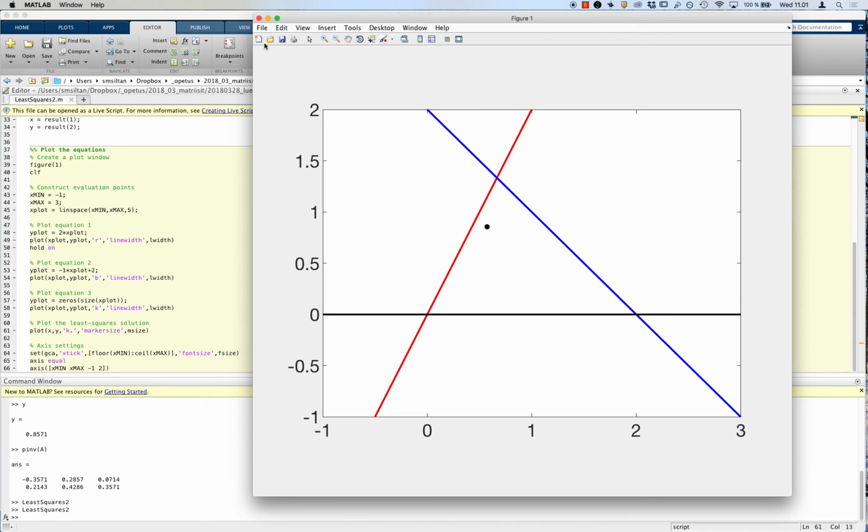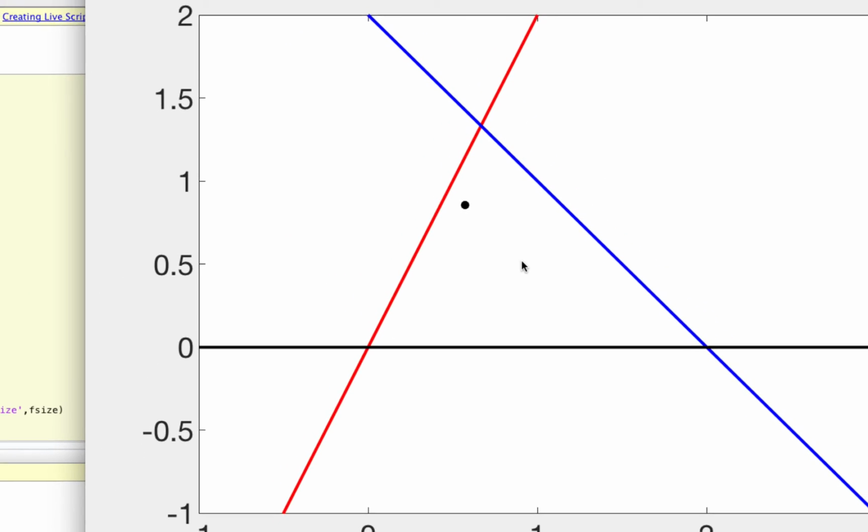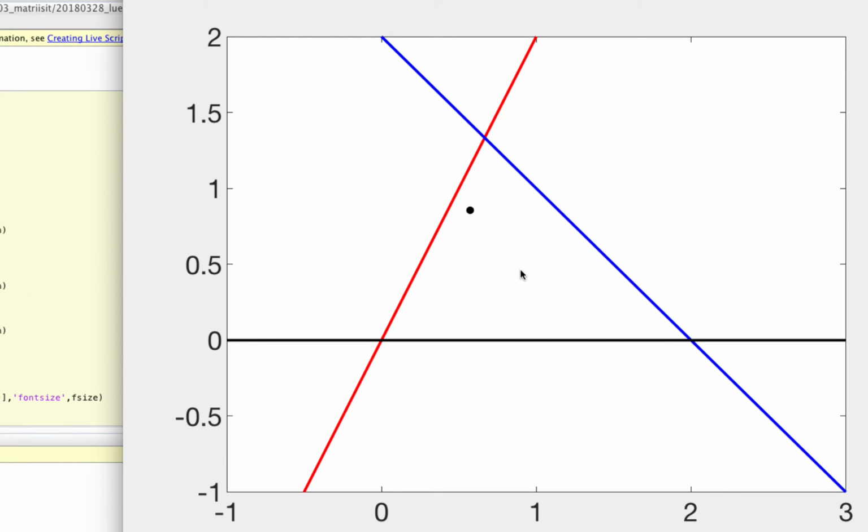Okay. So our least square solution is there. I was kind of expecting it to be more in the middle, but that's where it is. At least it's inside the triangle, which is promising anyway. Of course the idea of this is the minimum norm solution, and its idea is to be the shortest of all least square solutions.